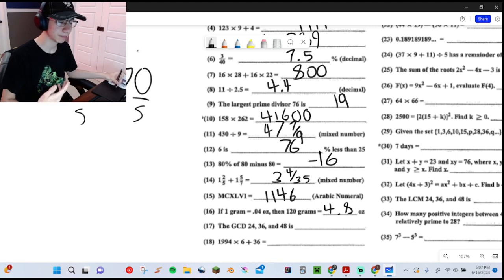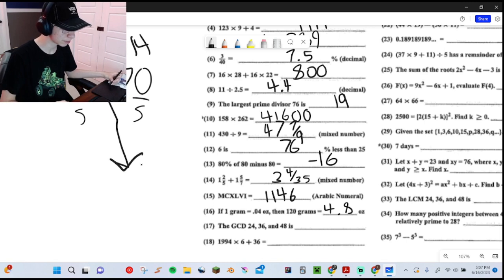I could divide them by any number. But what it means to be a GCD, greatest common divisor, is that you get whole number quotients. So 5 doesn't work. The greatest common divisor here, in this case, would probably be 2.